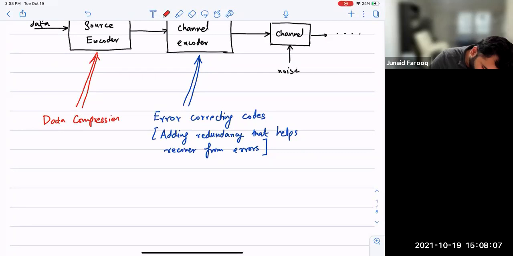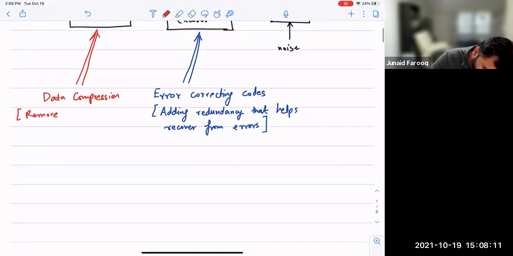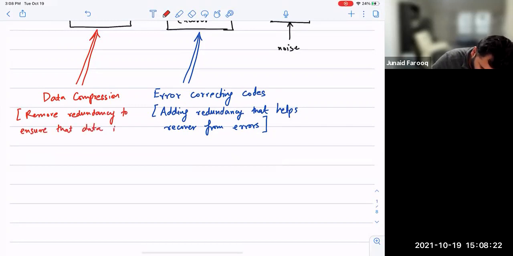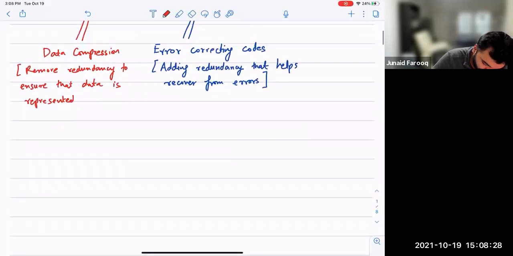And the whole purpose is that we remove redundancies to ensure that data is represented by the smallest number of bits.